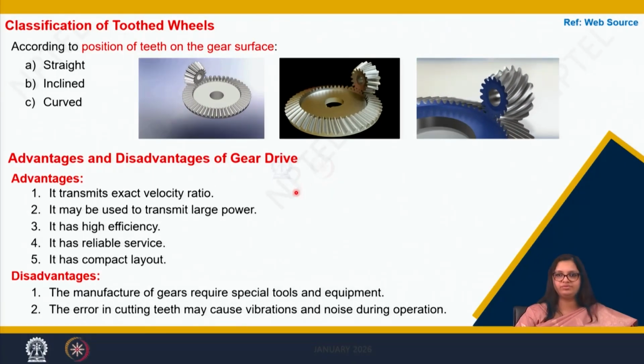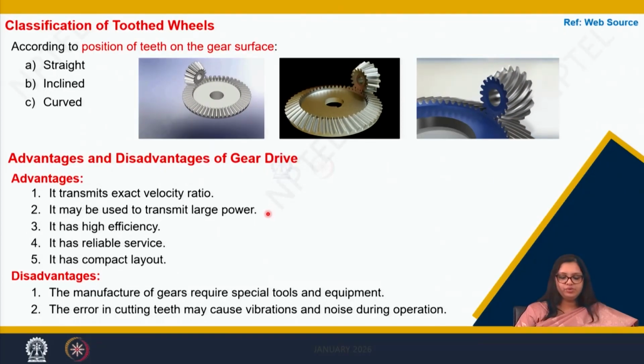Let us first go to advantages. It helps us in transmission of exact velocity ratio, because there is very minimal chance of slippage. Unless the teeth of the gear break or there is some kind of vibrational disturbance, there won't be any loss of the velocity ratio.